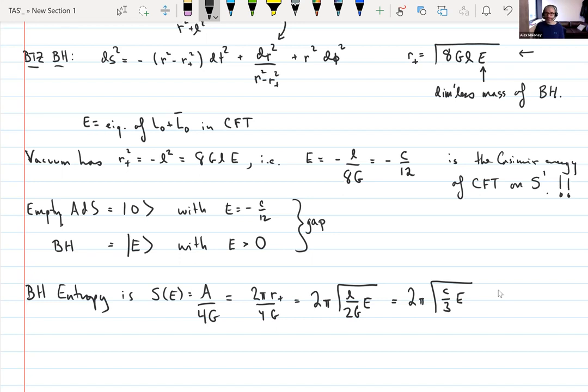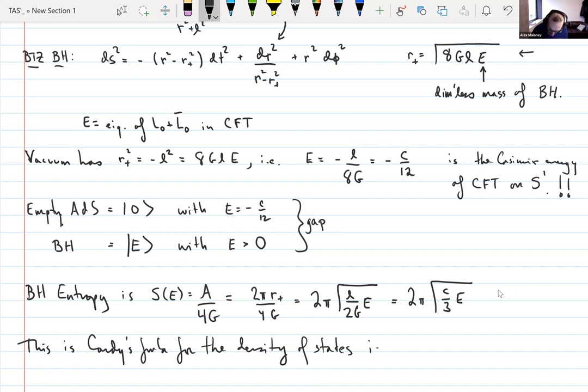Okay. Where did we meet this before? We met it yesterday. This is Cardy's formula. So Cardy's formula for the asymptotic density of states of a 2D CFT on a circle at high energy is the Bekenstein-Hawking formula for black hole entropy.